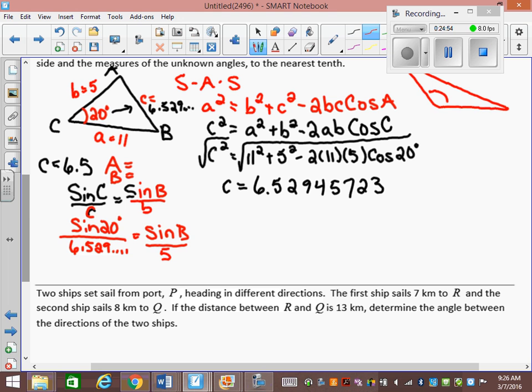You're going to go 6.529 sine b equals 5 sine 20. Divide by that 6.529 and then second sine it. Then you'll get the right one.